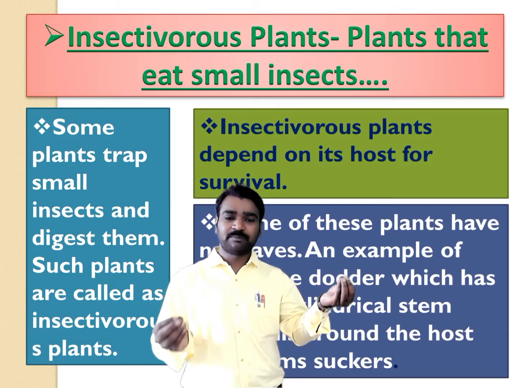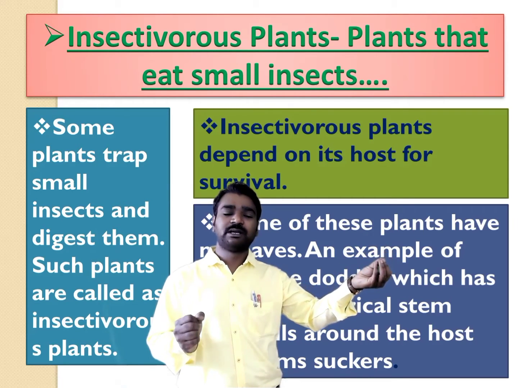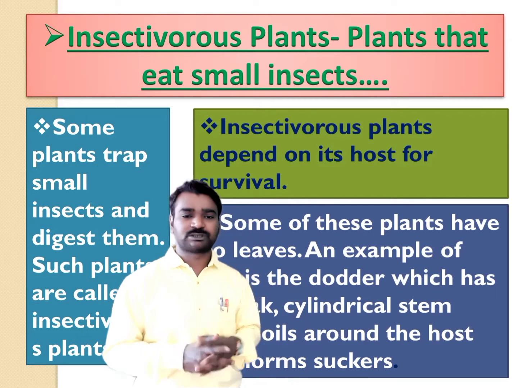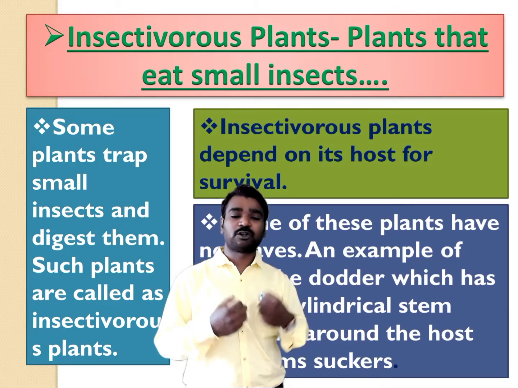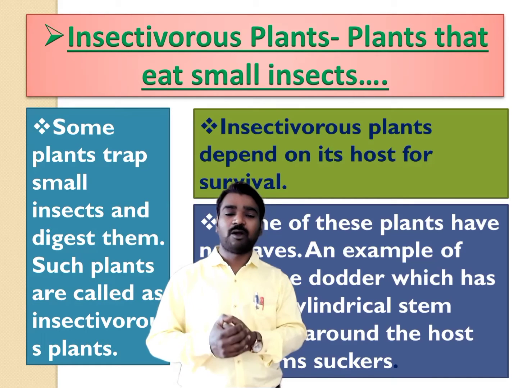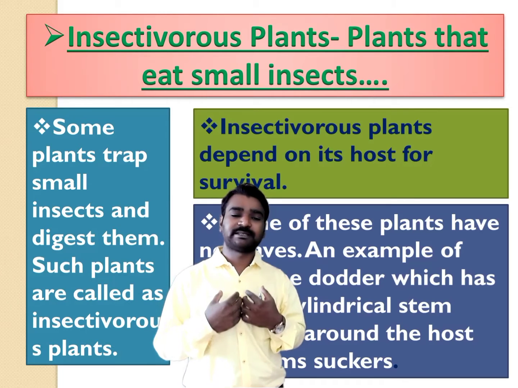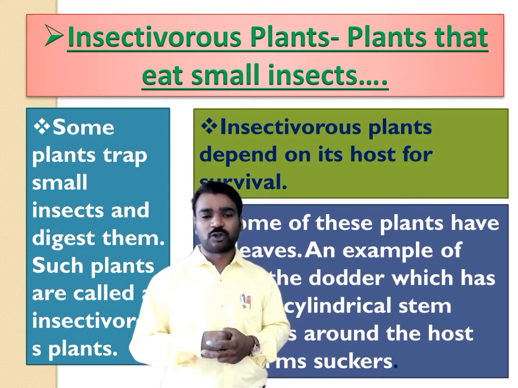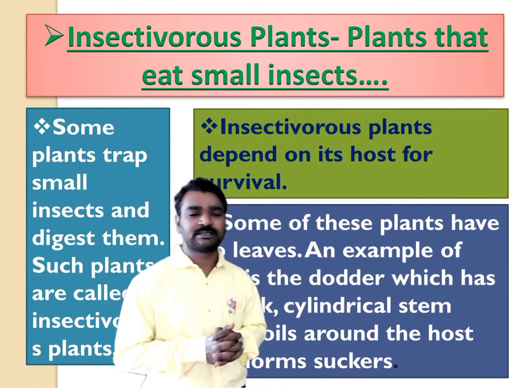Host means this plant depends on someone, and that someone from whom they get the food is called the host. Like we are the host for mosquitoes, because a mosquito sucks blood from our body and gets its food. So we humans are the host for mosquitoes. Like that, insects are the host for these insectivorous plants.